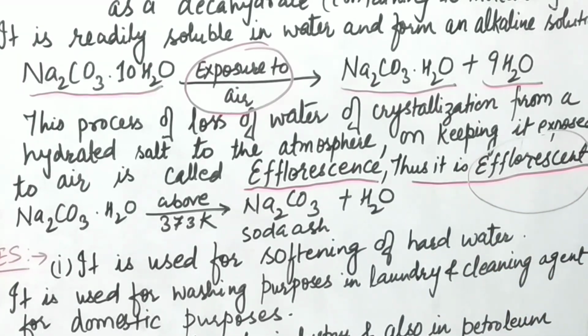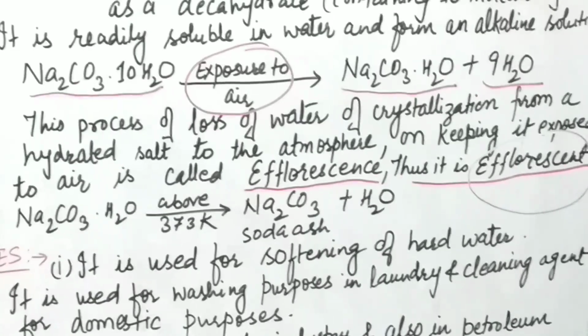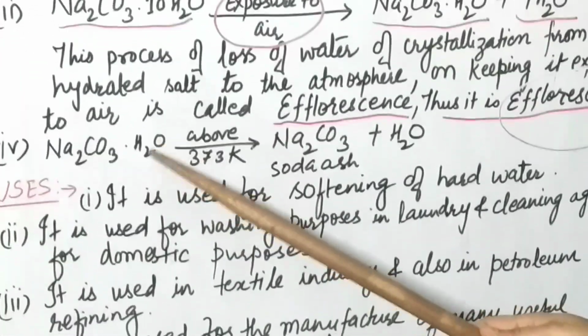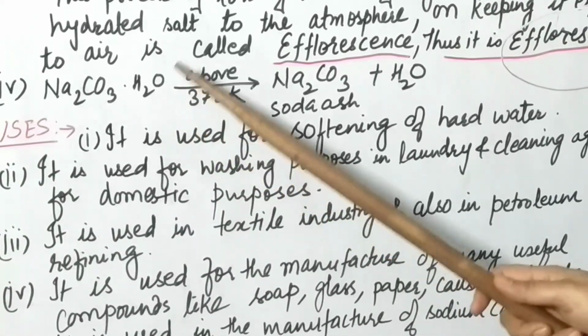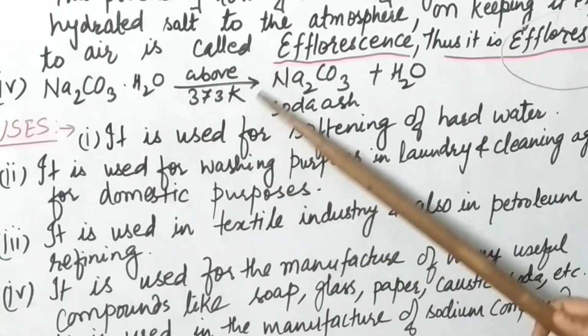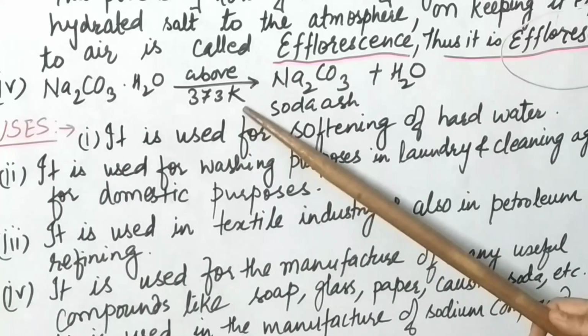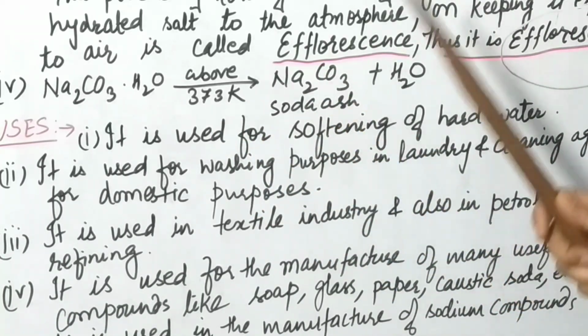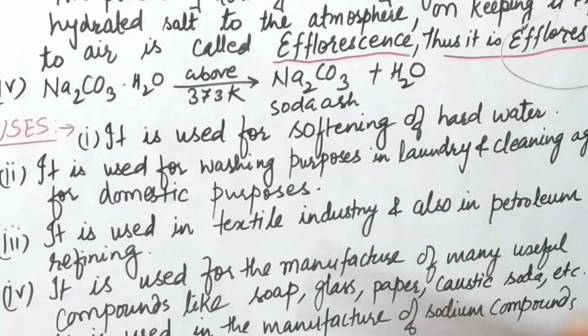Efflorescent compound. Now fourth property: sodium carbonate, when it is heated above 373 Kelvin, what happens? Sodium carbonate is left and water molecules are liberated.